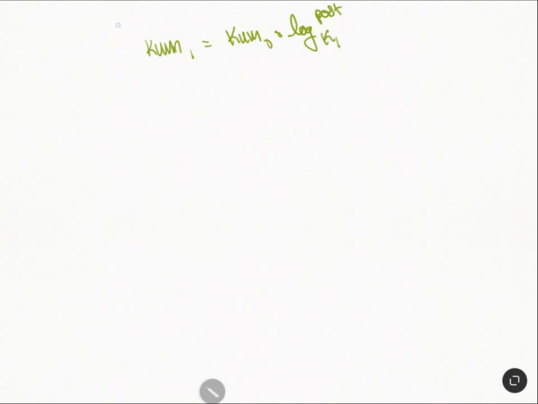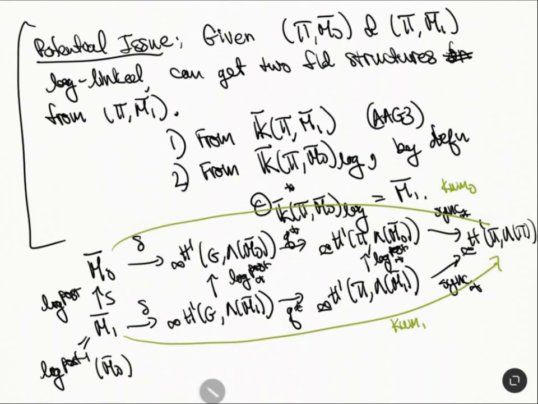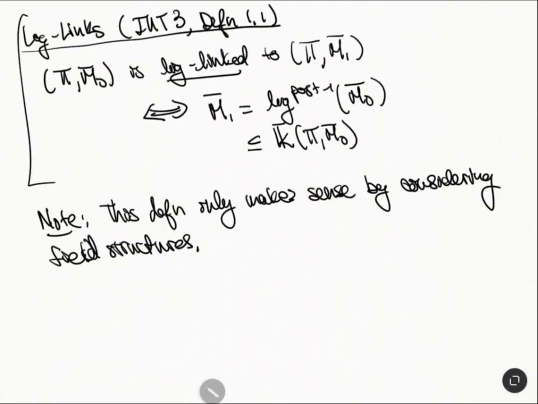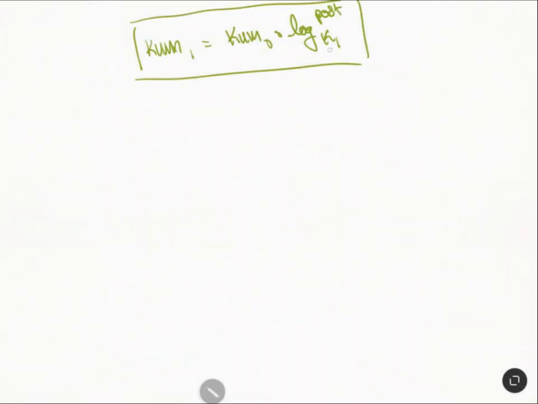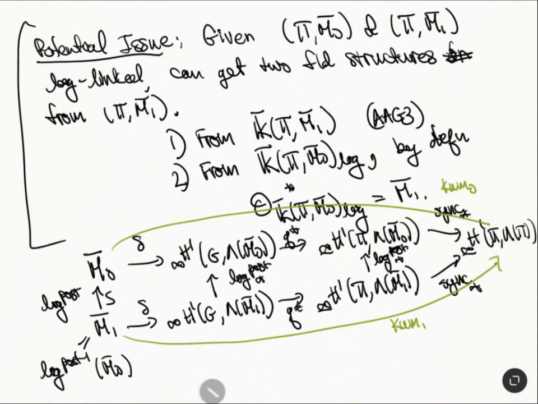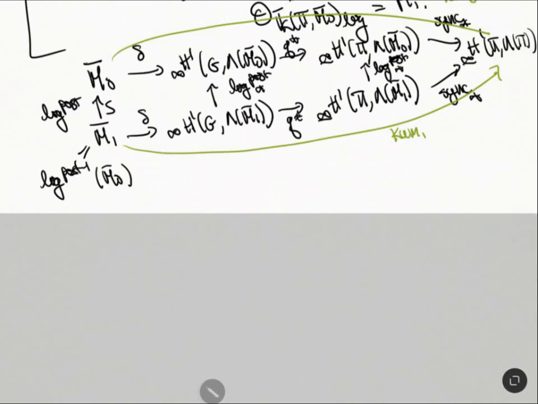And that's all that it's saying. It depends on how you want to label which K goes with which log post. I'm labeling it by the source. So we have this thing and this thing, and they commute.